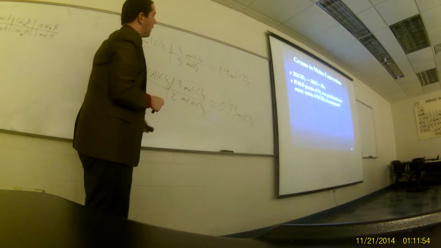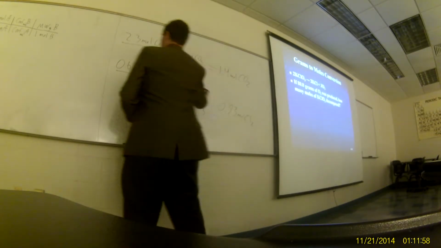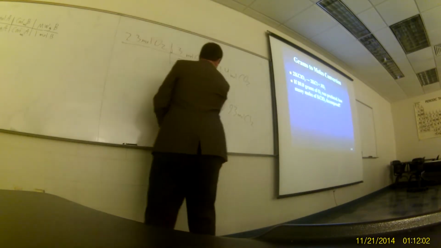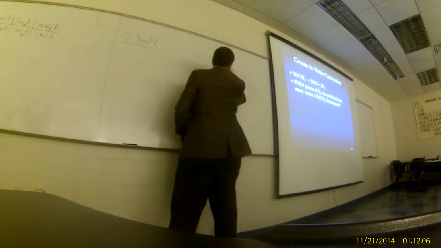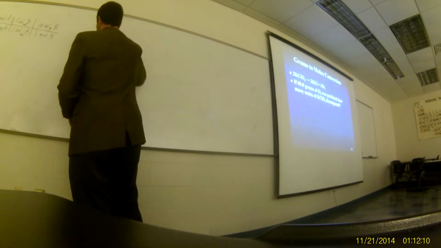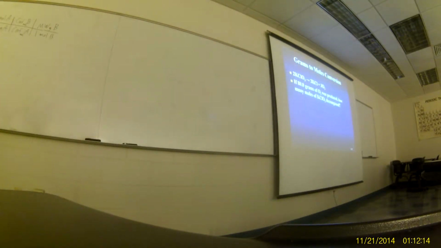So now we're going to move on to grams to moles. So grams to moles is essentially going to take what we just did and it's going to tack one step on to the beginning. And that step that you're going to tack on is the grams to moles conversion that we did last week. So with the problems we just did, we were going from here to here.